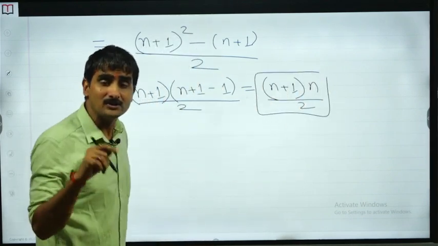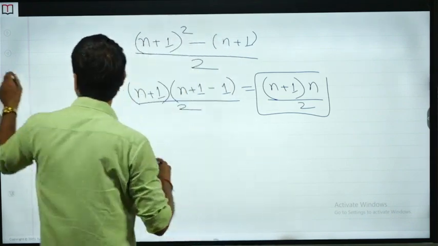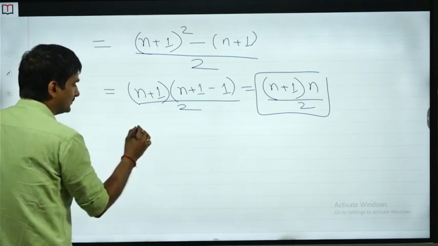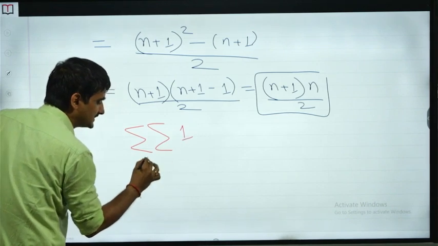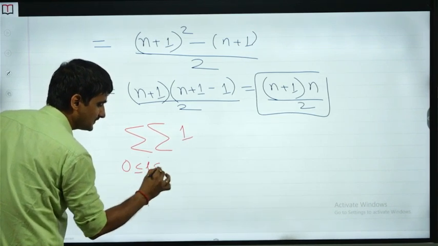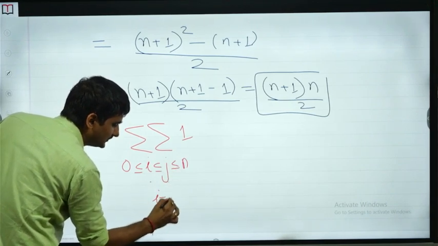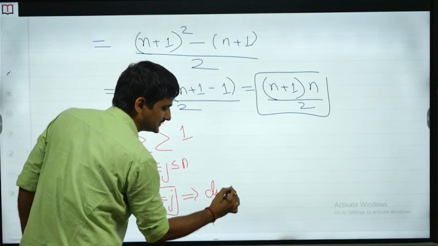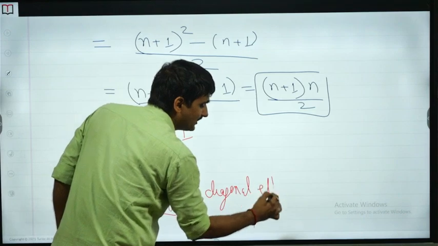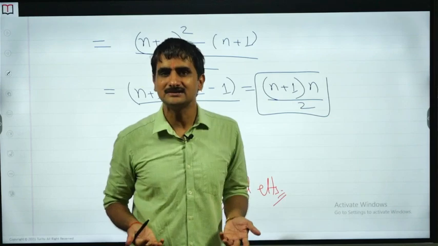These are the number of elements which you have below the diagonal. And one more thing, okay, when I ask you to evaluate this series, it includes i is equal to j also. i is equal to j means diagonal elements, and since all elements are 1, the number of elements gives us the answer, isn't that so?